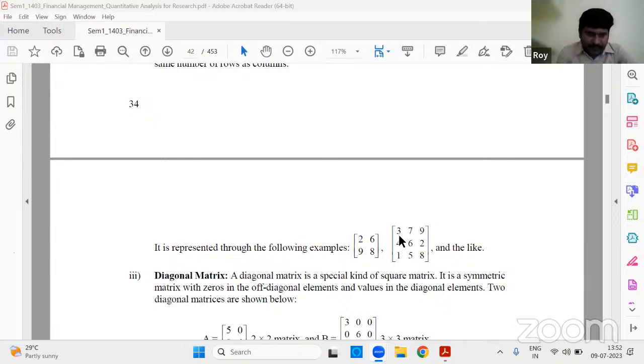Next, scalar matrix. It is a diagonal matrix with equal valued elements. Along the diagonal, equal elements are there.